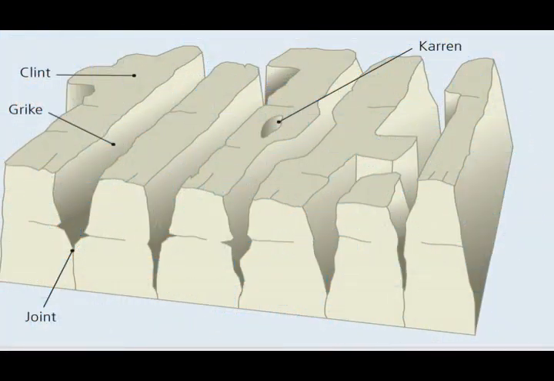Here we have a diagram showing you the clints and the grikes. As you can see, the grikes are the spaces that have been carved out by the rainwater over many years. So they get wider and get deeper as the rainwater or the carbonic acid dissolves the limestone.